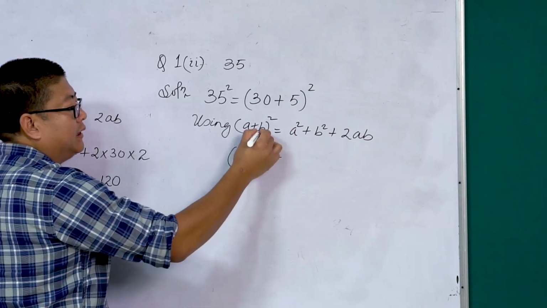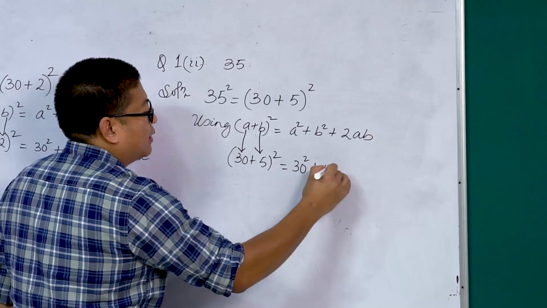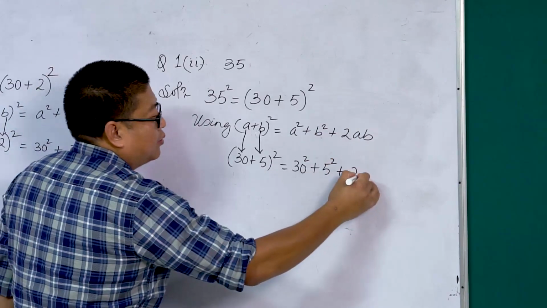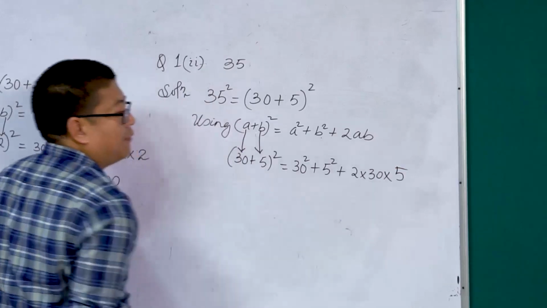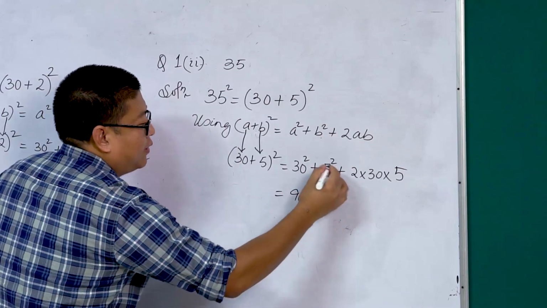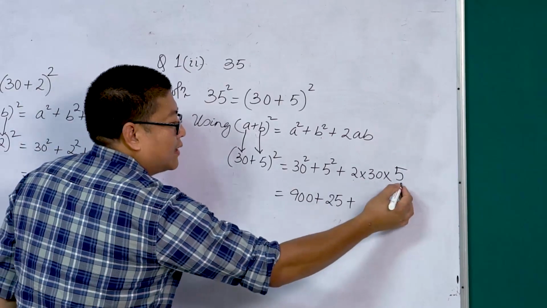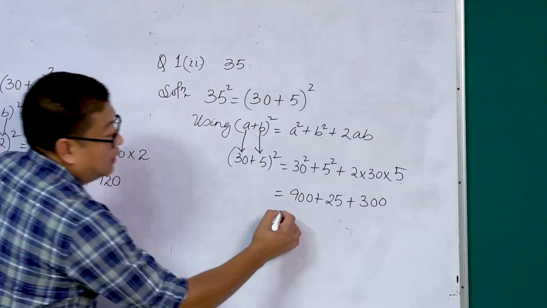A is 30, b is 5. So 30 square plus 5 square plus 2 into a, which is 30, into b, which is 5. Same thing, 900. 5 into 5 is 25 plus 2 into 5 is 10, 10 into 3 is 300.